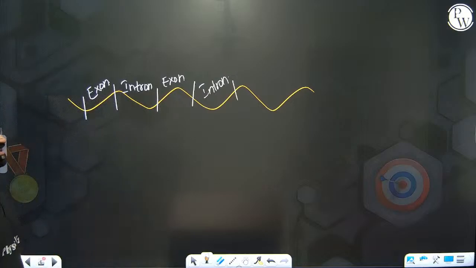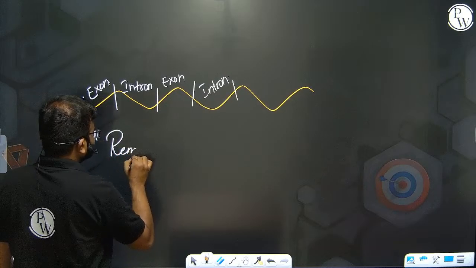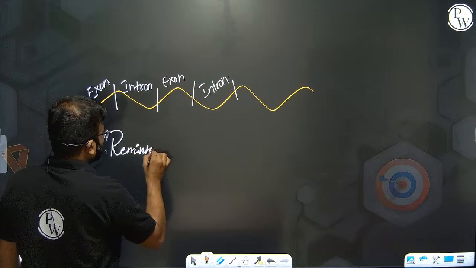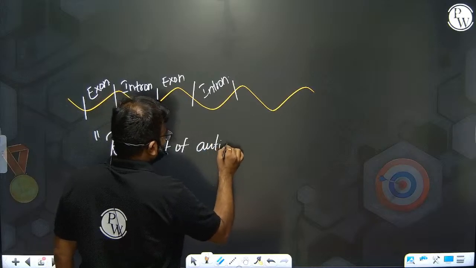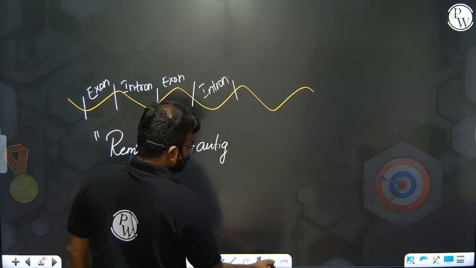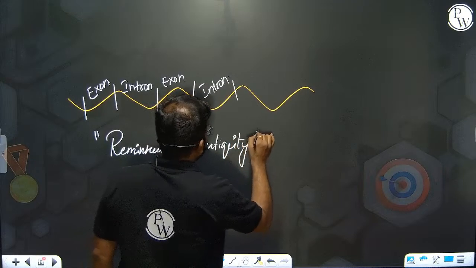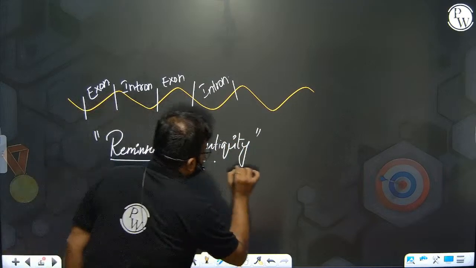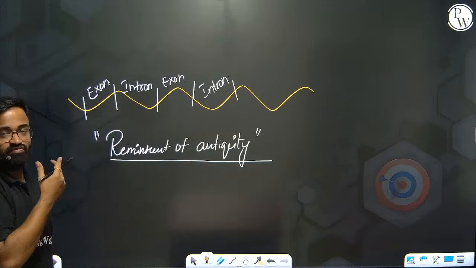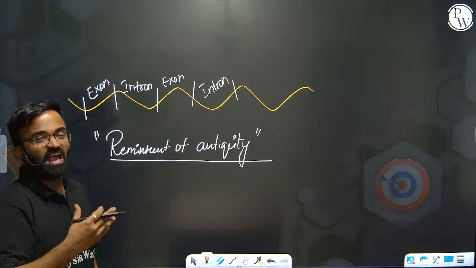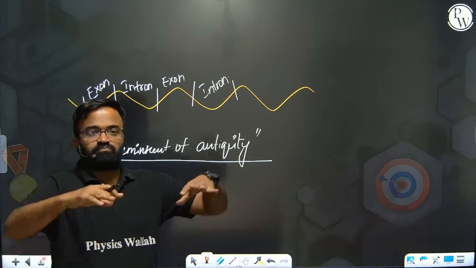And this is what Baba says is a reminiscent of antiquity. Not many of you have gone into this line. This line is very much from NCERT. Antiquity means old.